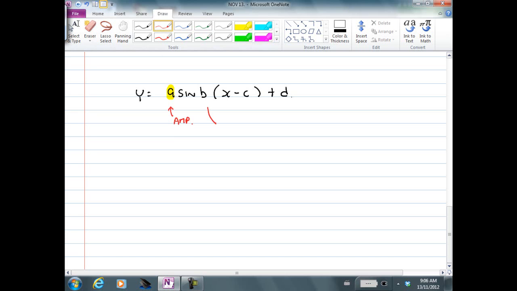B represents the value used to calculate your period, which is 360 over B. C, the actual name for C, is called your phase shift. I like to call it starting point because it's a lot easier for you to work with. So every number tells a story. And D is your midline.